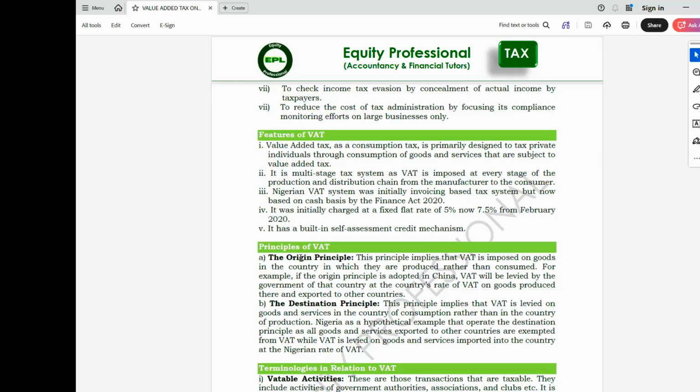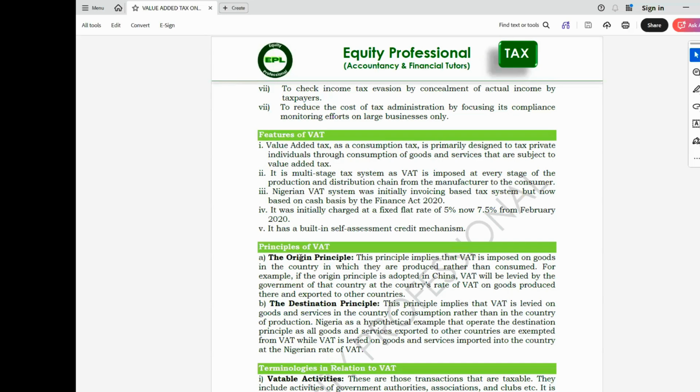So any country that adopts the origin principle, once that item is produced in their country, is going to charge value-added tax on that item, irrespective of whether it is going to be consumed in their country or exported out of their country.